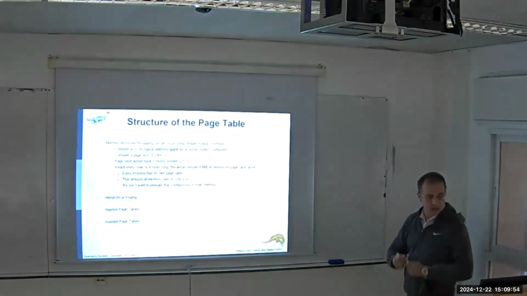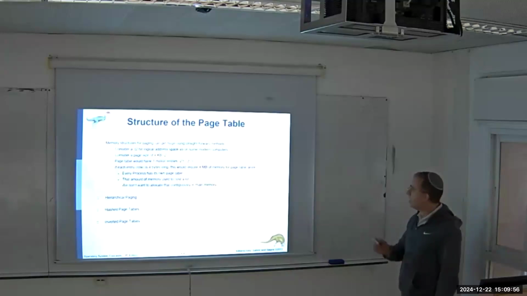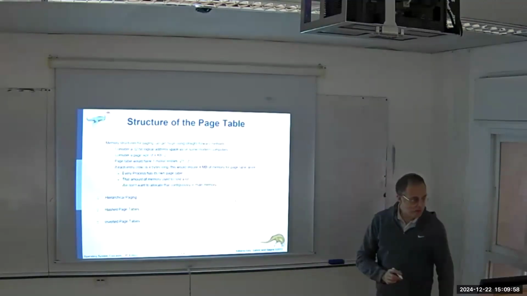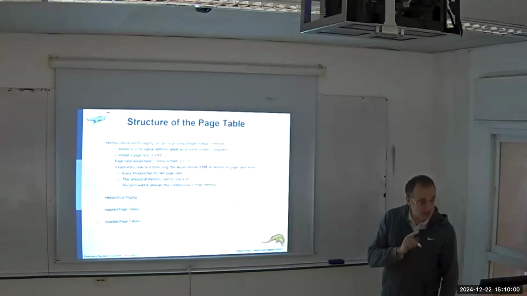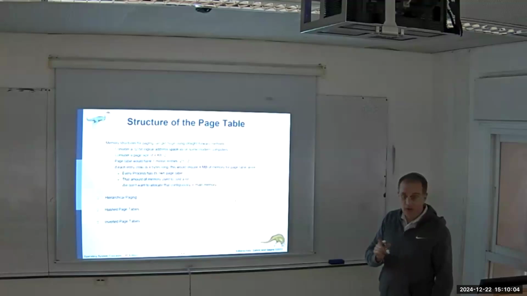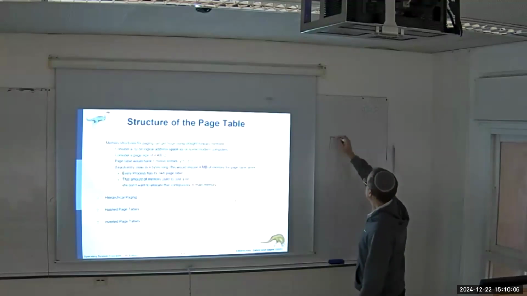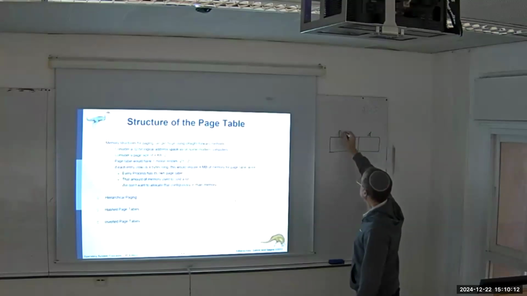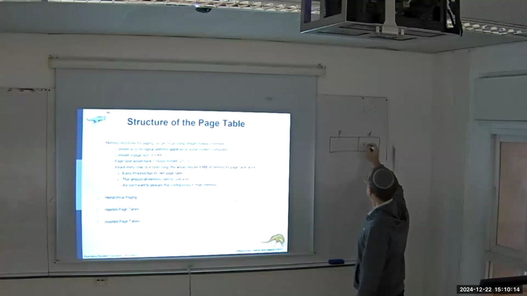What did we say? Consider a page size of 2 to the 12. What does that mean? That means that if this is my address, I have my D and my P. My D is 12, so my P is 20.